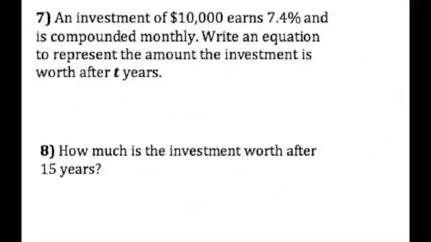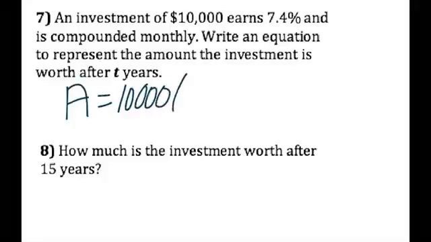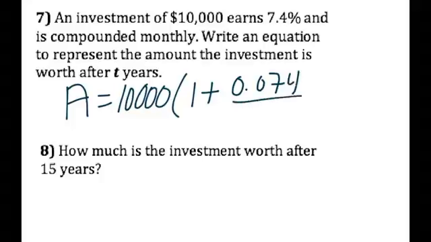Okay, we have now an investment of $10,000 that earns 7.4% and is compounded monthly. So our equation is A equals 10,000 parenthesis 1 plus 0.074 divided by 12, and we get also to the 12t.